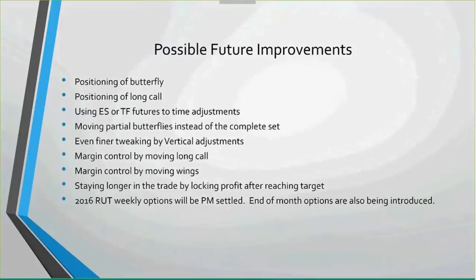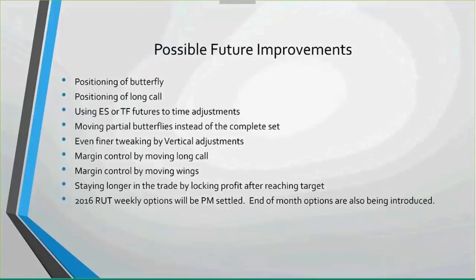And I have been doing the next point, the partial butterflies. I don't adjust by moving the complete set of butterflies. I move it partially these days. And I don't do the vertical because it gets so much harder to close the trade when it comes to the closing. And for margin control, you need to move the long call around. You can bring it closer on an uptrend.